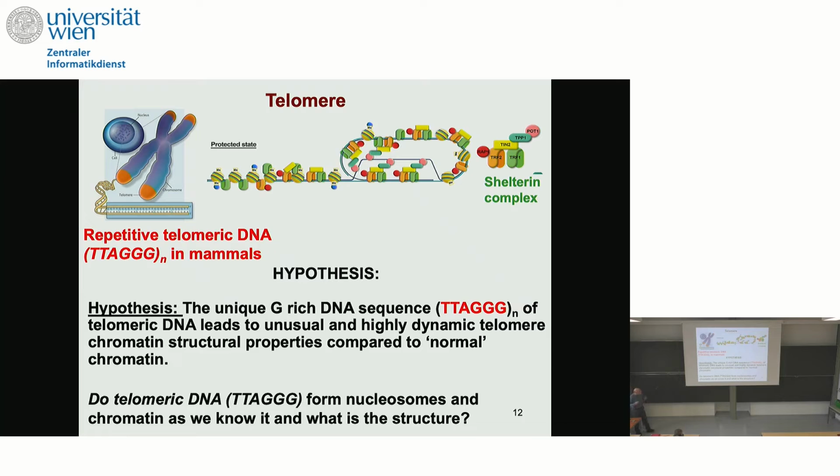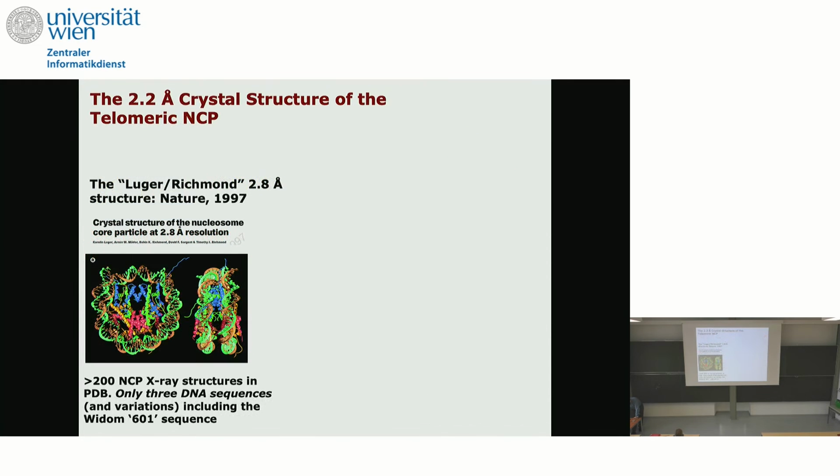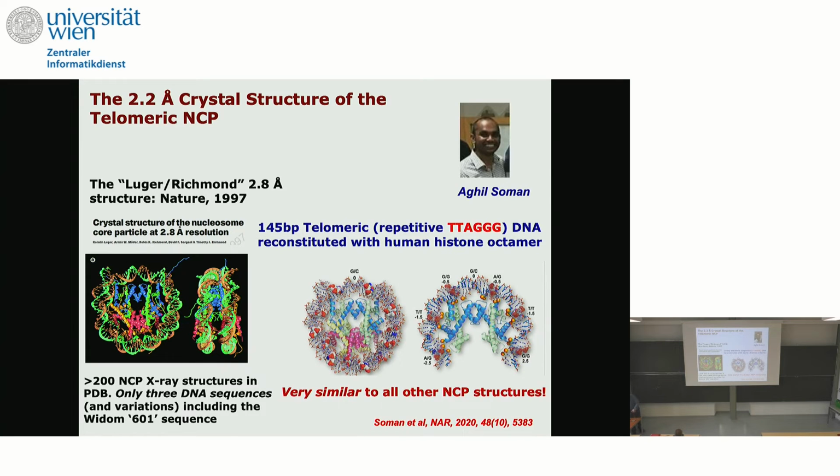We hypothesized that this would lead to unusual structural behavior, but we didn't know what we would discover. The first part of this was driven by Soman, a very talented postdoc, now having a semi-independent position. He determined the crystal structure of the telomeric nucleosome core.